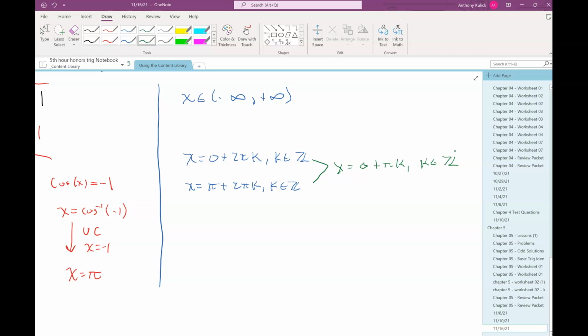Now, on your test or whatever, I wouldn't mark you down if you did not do that, for the record. If you're looking at the answer keys, I will assuredly have done that on the answer key because it's way less writing to combine answers if you're able to do that. And there's some problems where doing this combining can make your life a lot easier, where you reduce the number of steps you have to do later on. But I wanted to show you that that's something that can happen here.